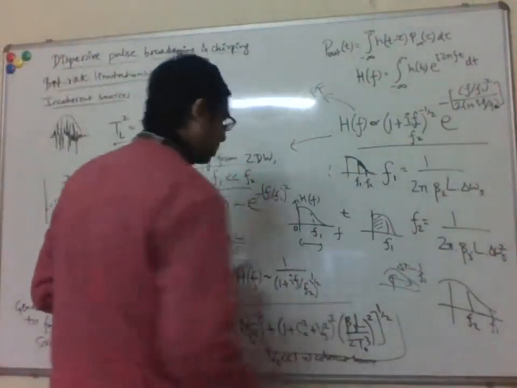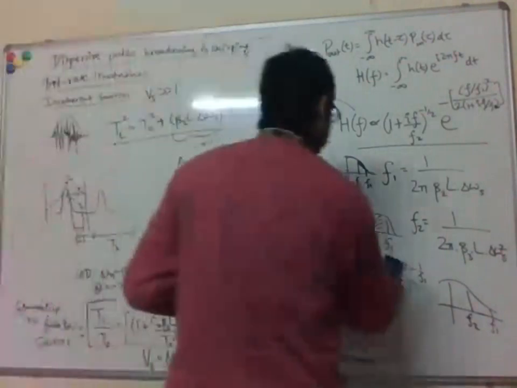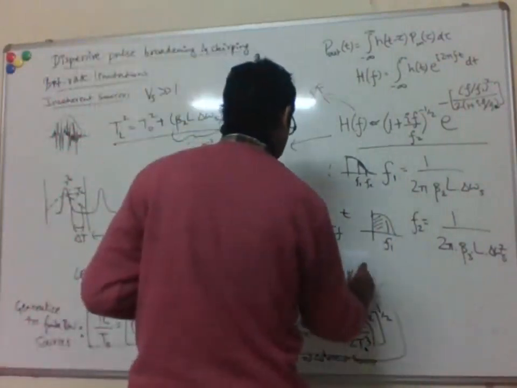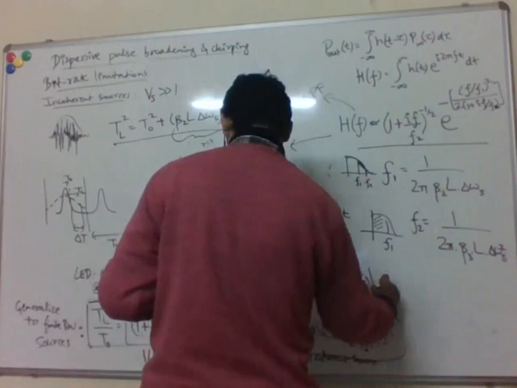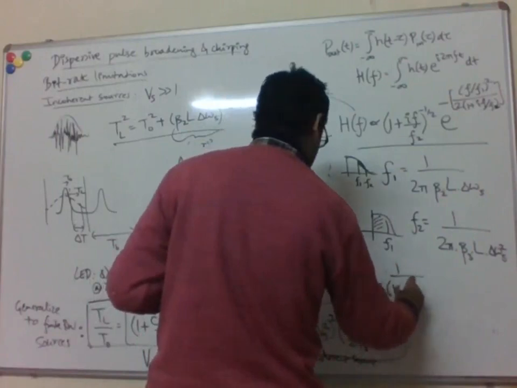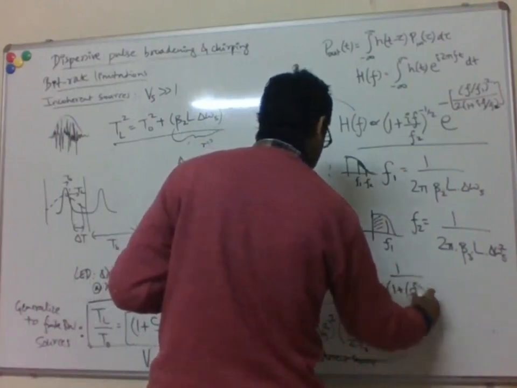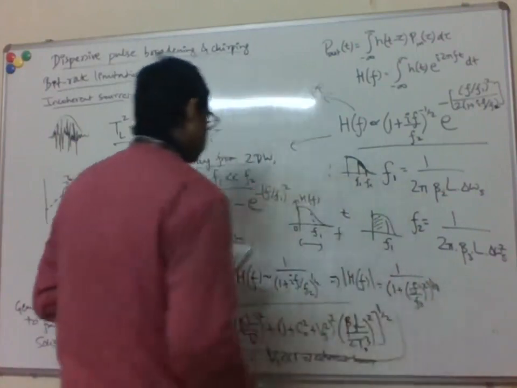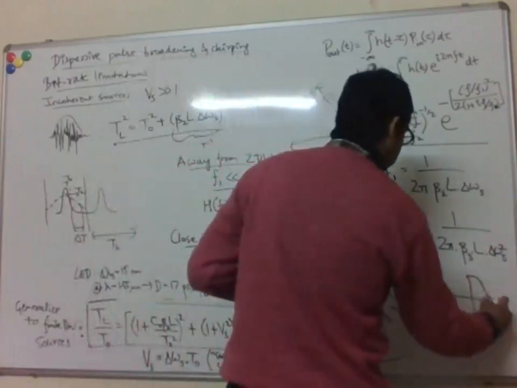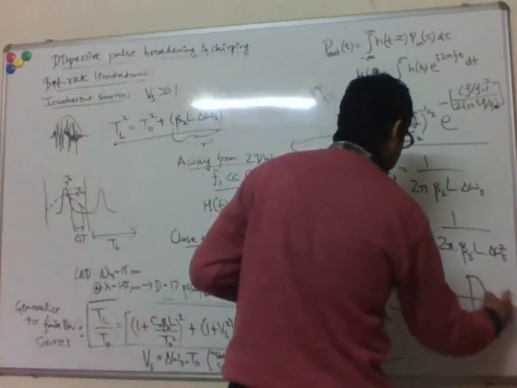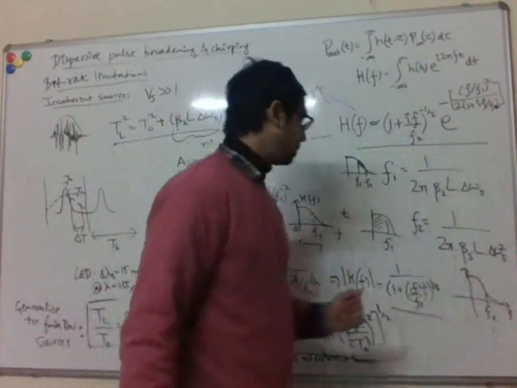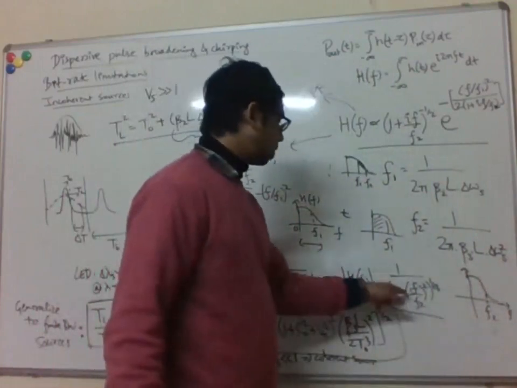So again, if you look at the magnitude, right? So again, this looks like a low pass filter. So you can calculate, for example, what is the 3 dB cutoff frequency for this, at which point this function goes down to half.